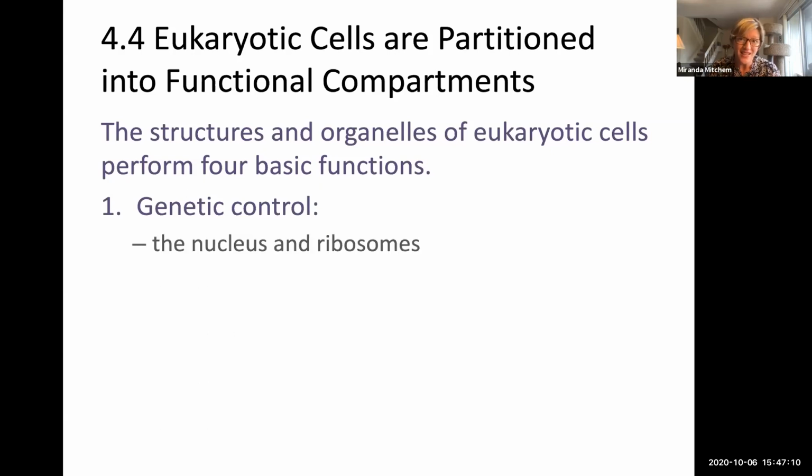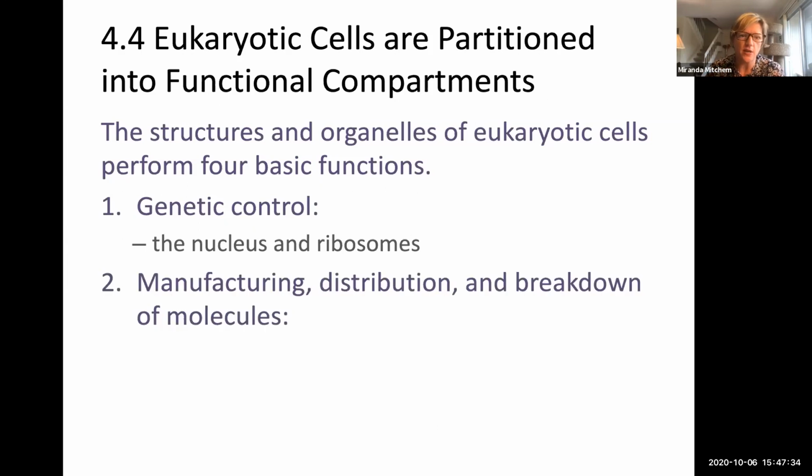This would be the nucleus and the ribosomes. Now, I should emphasize, this is a good time, ribosomes don't have a membrane around them. So technically they're not considered an organelle, but they're often described that way because they're present in the cell.